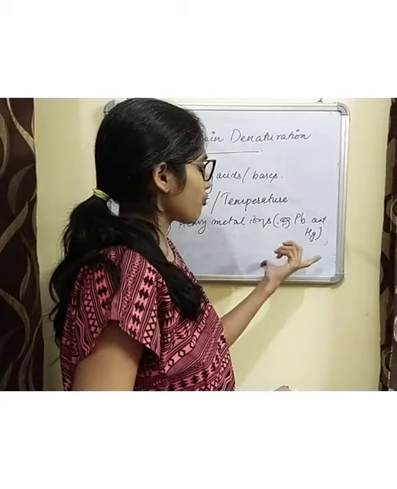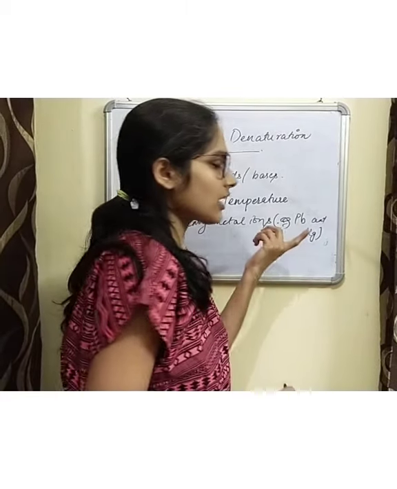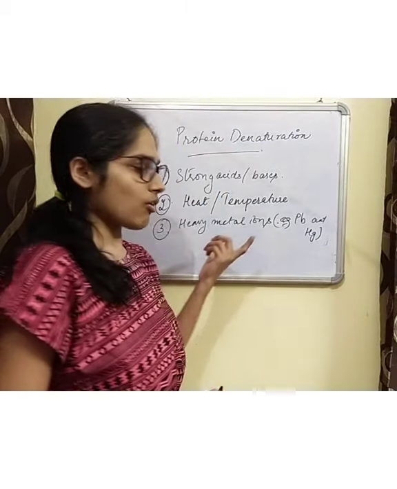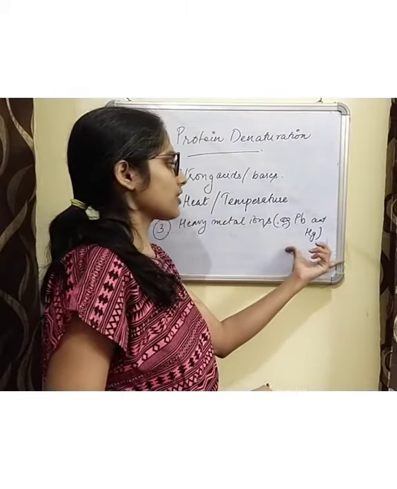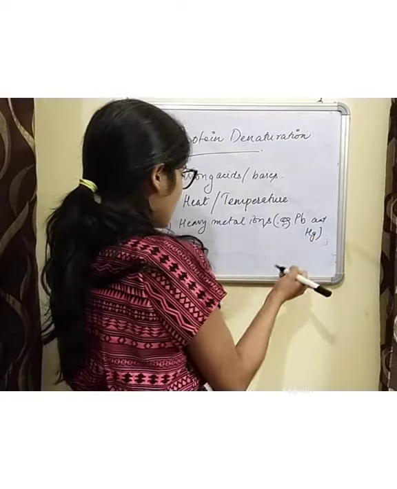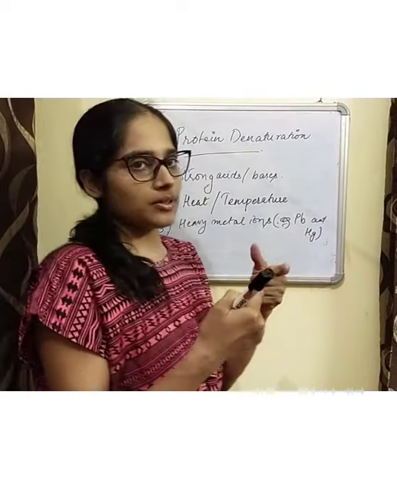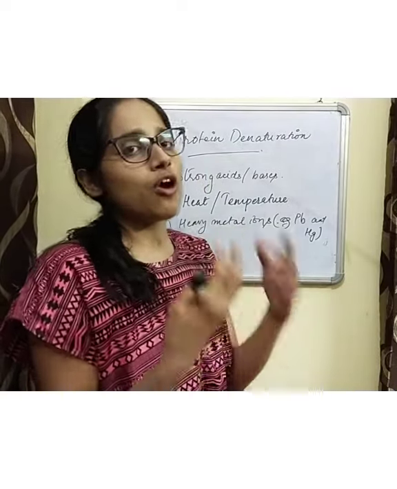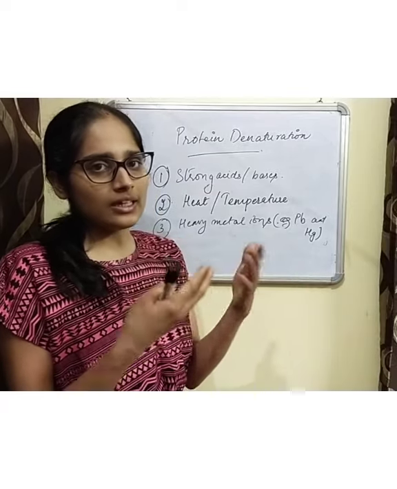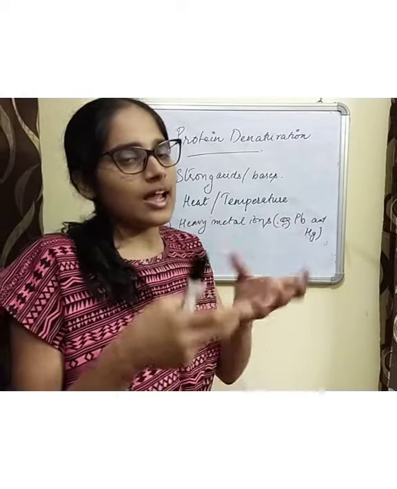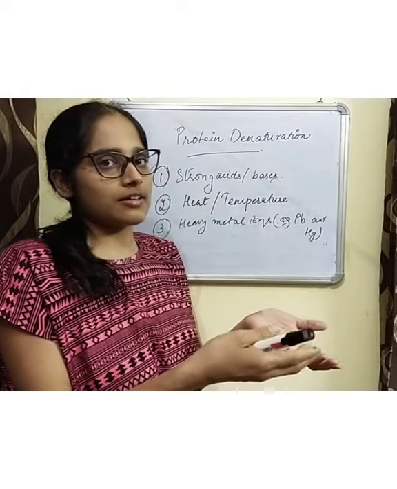They form ionic bonds with negatively charged R groups, and they also have the capability to bind with the sulfhydryl groups, and hence they inhibit the normal interactions among the amino acid residues, which cause the folding, and hence the activity is lost.